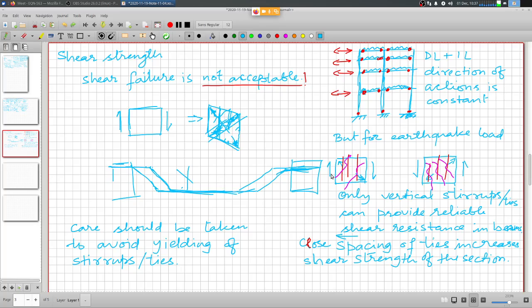And obviously, the code mandates that stirrups should not be any less than 6 dia, but typically less than 8 dia stirrups are generally not used, because 6 dia does not have enough buckling strength.